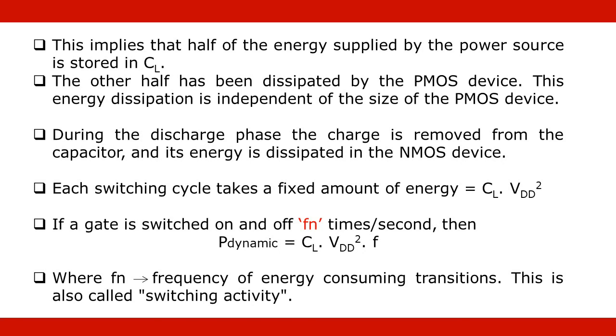Then the dynamic power dissipation can be written as CL times VDD square times F. I have written F here, it may be Fn also. Here Fn is the frequency of energy consuming transitions. This is also known as switching activity, meaning how many times the node is switching, that is changing its value from low to high or high to low.